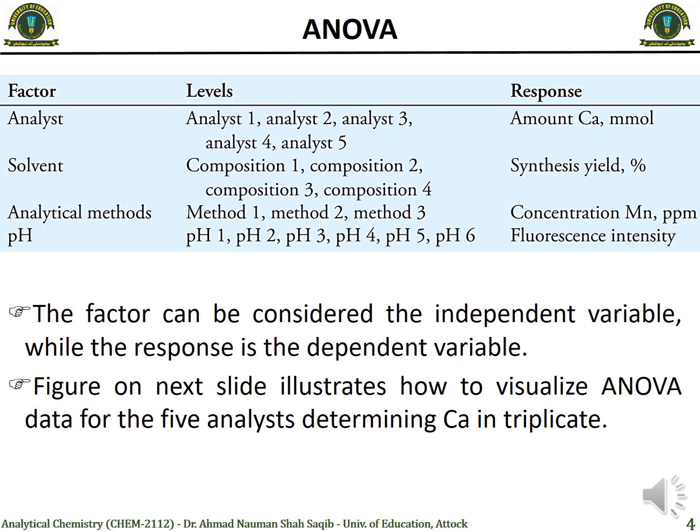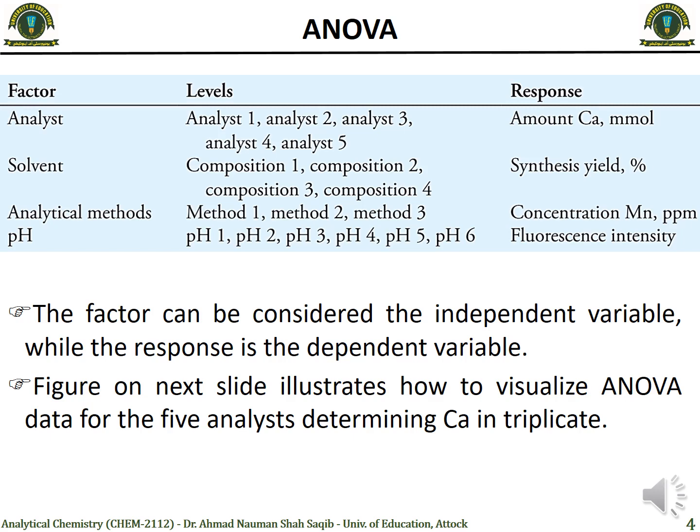When we draw a graph, we know that there are dependent and independent variables. When performing an ANOVA, the factors are the independent variables, while the response is the dependent variable. We always put the factor on the x-axis and the response against the y-axis.